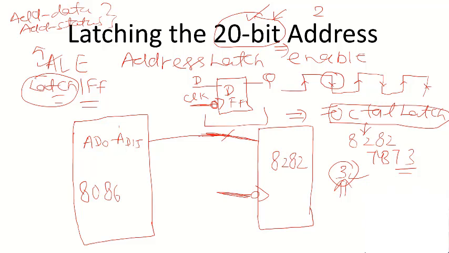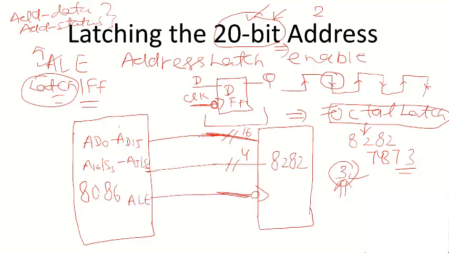So this is 16, and the remaining 4 are carried by A16/S3 to A19/S6.